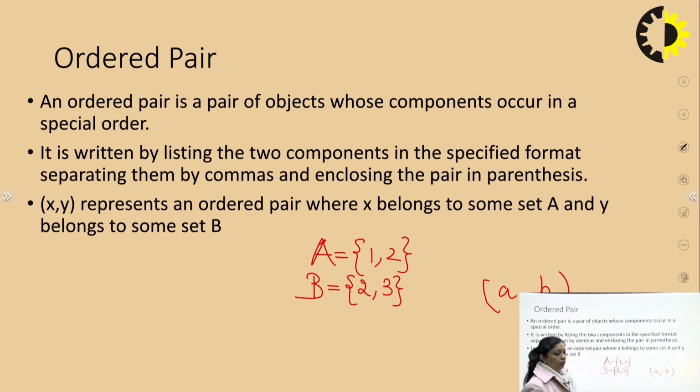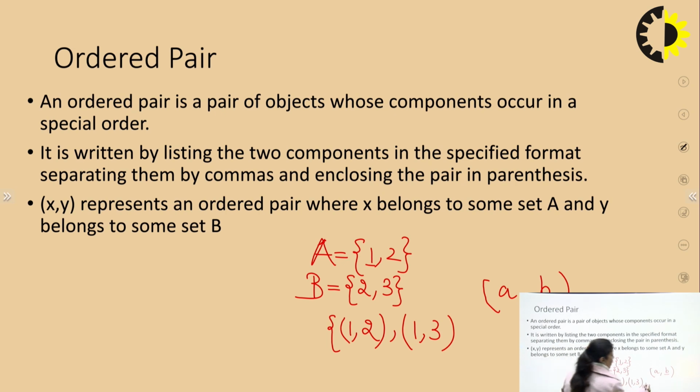Now if I talk about the ordered pair for these two sets, then the ordered pair here means that my first element should be from my set capital A and another element should be from set capital B. So if I want to write the ordered pair for these two sets, I can write it like 1, which is from this set, and 2 from this set. So (1, 2) can be one of the elements. Then I can have (1, 3), then (2, 2) and (2, 3).